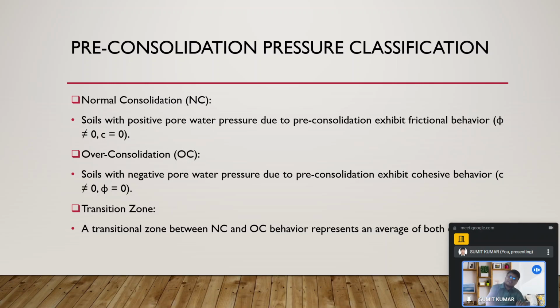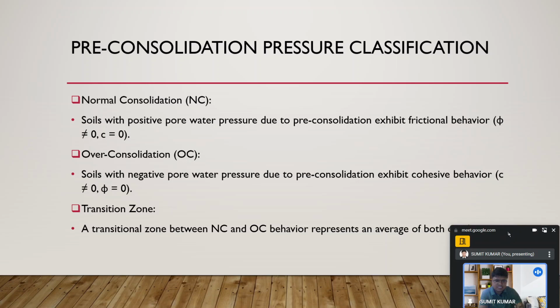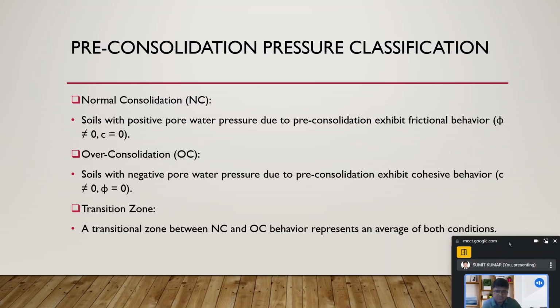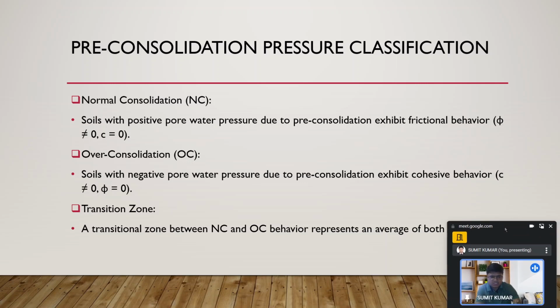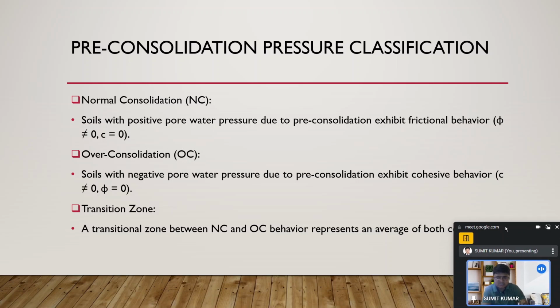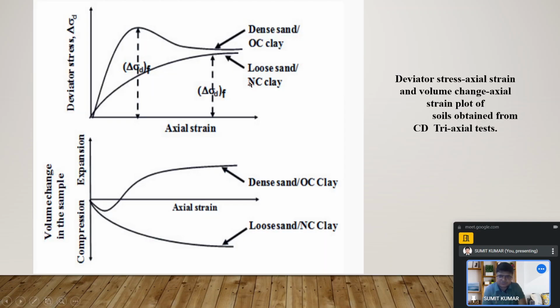While when we take a condition between these two states, we must be aware of the transition zone. It is a zone between the NC and OC. The behavior represents an average of both conditions. So over there, the cohesion is also seen and the value of angle of internal friction could also be found.